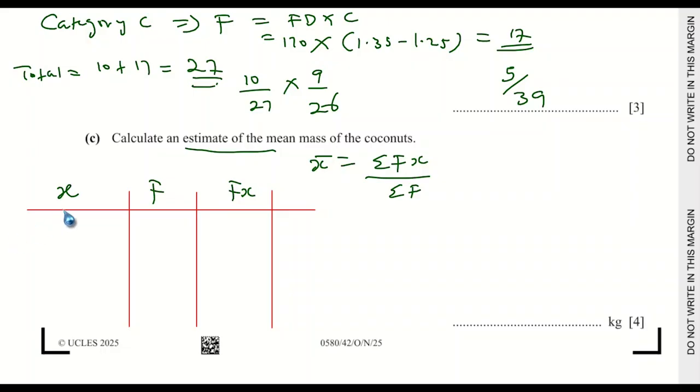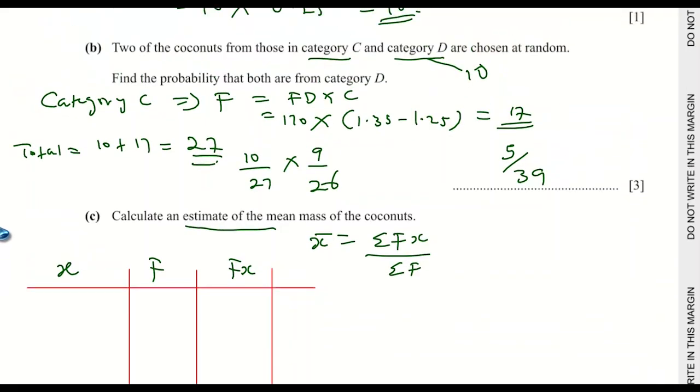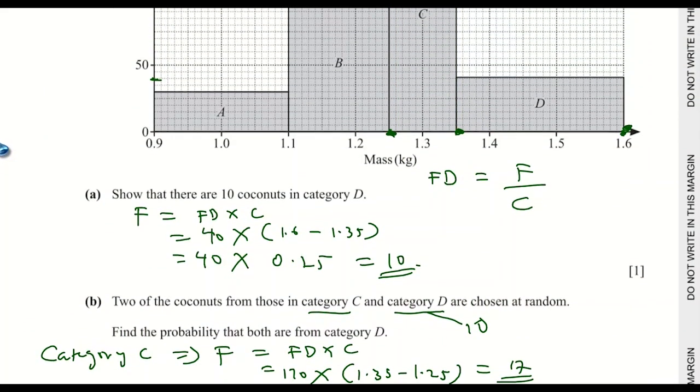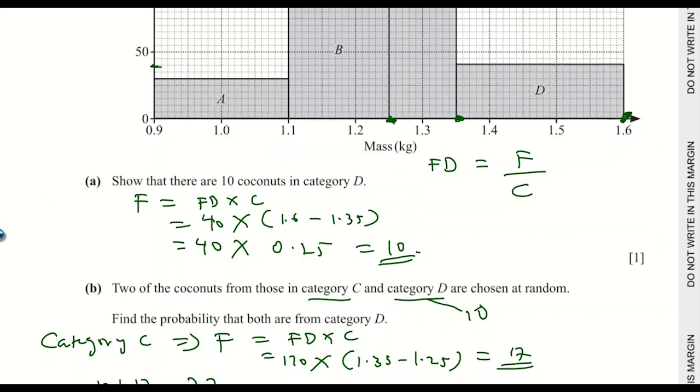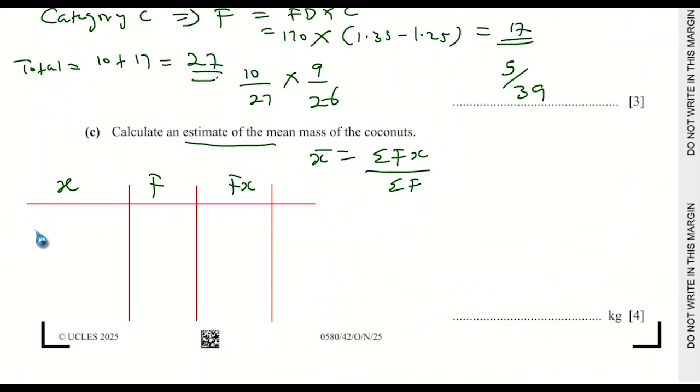So x is going to be the mid value for each of the categories. For category A, it is going to be 0.9 plus 1.1 divided by 2.